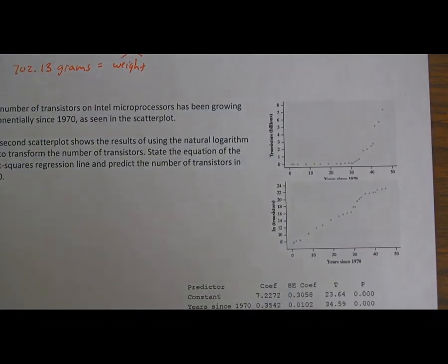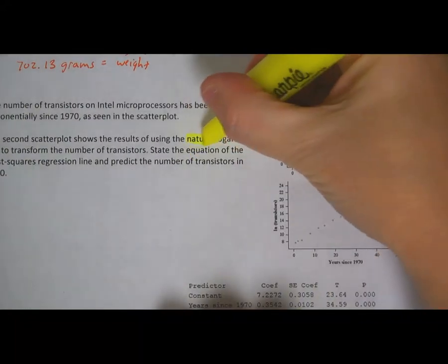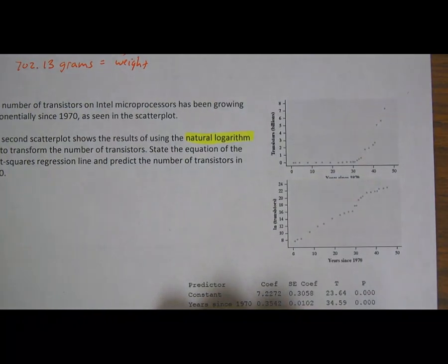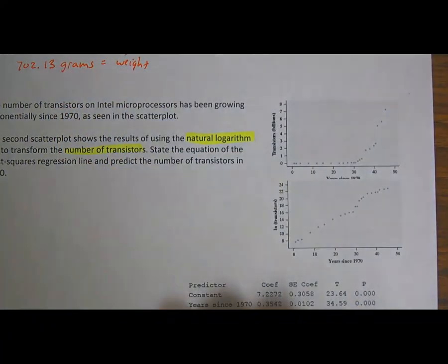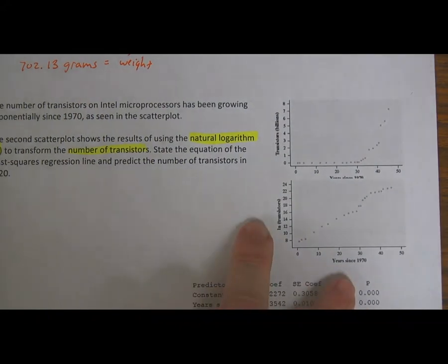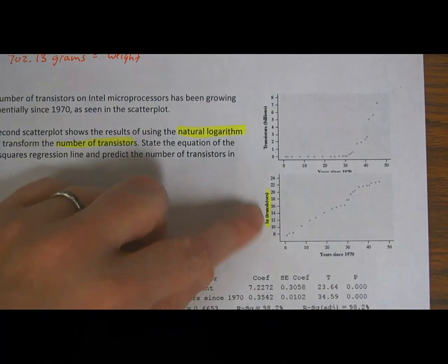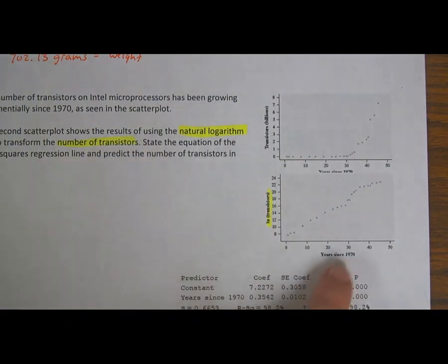And it says the second scatter plot shows the result of using the natural logarithm, ln, to transform the number of transistors. Well, you can just look over here, and you can see ln, the natural log was taken of the response variable, but we didn't mess with the years. It doesn't say ln or log or anything like that over it, okay?